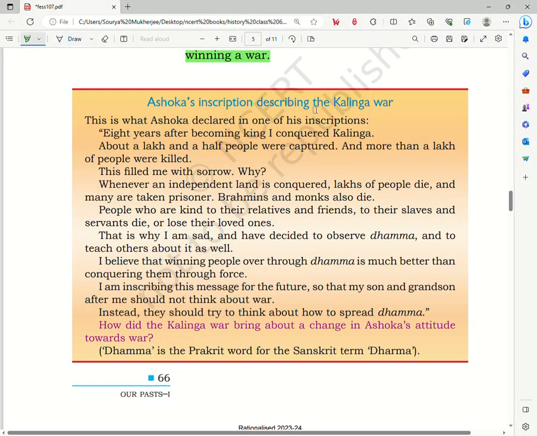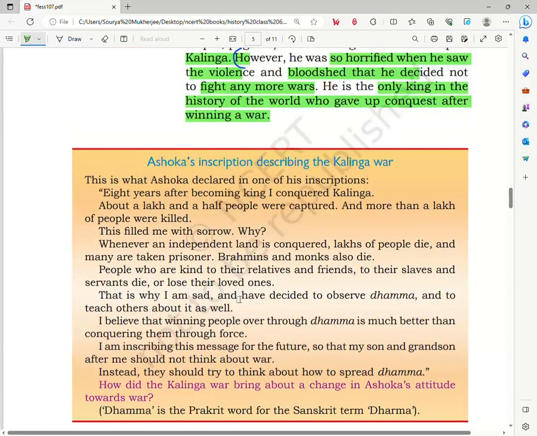Ashoka's inscription describing the Kalinga war. So this is what Ashoka declared in one of his inscriptions. We will read the text that was found in one of the inscriptions. "8 years after becoming king, I conquered Kalinga." So this is quite important.